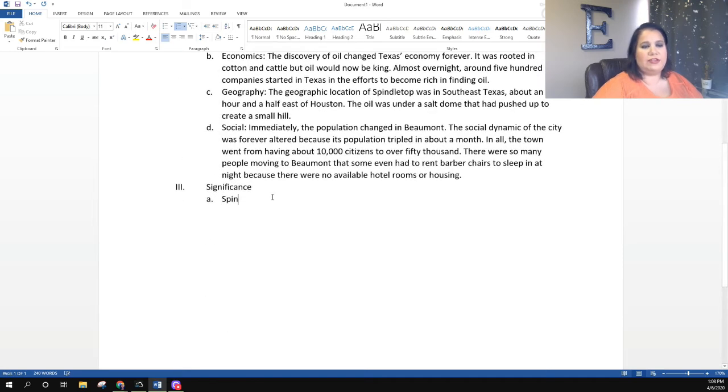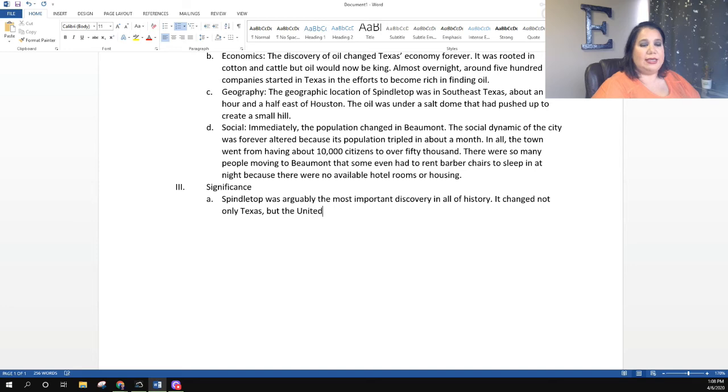And then for your significance, Spindletop was arguably the most important discovery in all of history. It changed not only Texas, but the United States and the world.